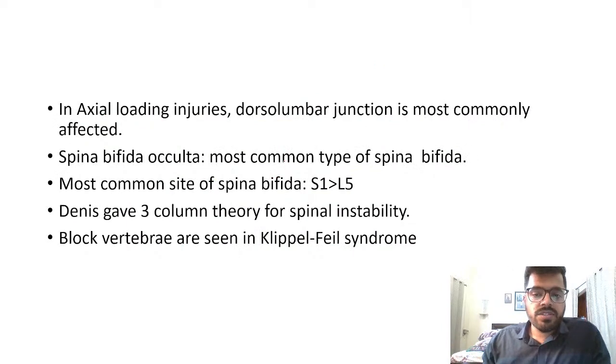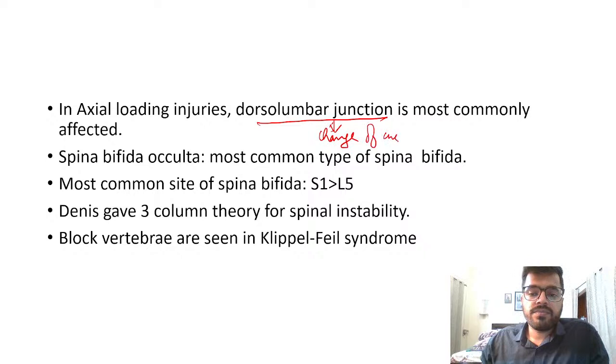In axial loading injuries, dorsolumbar junction is the most commonly affected. Why? Because there is a change of curvature. Dorsal spine has a kyphotic curvature, lumbar has a lordotic, so it's like this.